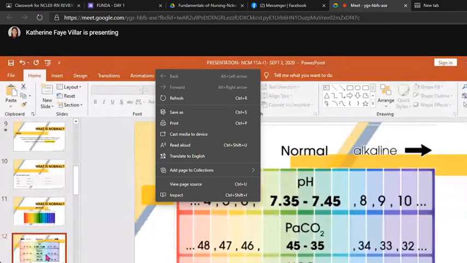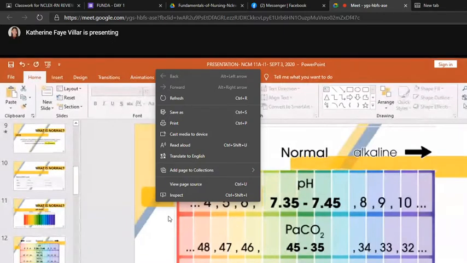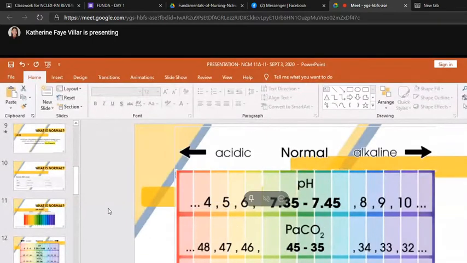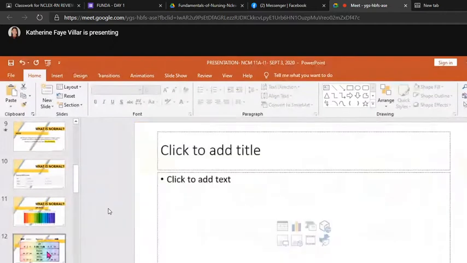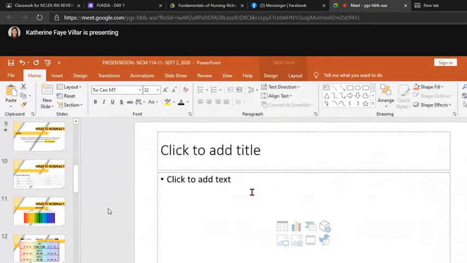I-post ko na lang din dito. Pero so far, okay na po dun sa first, no? Yung mga first steps, first few steps. Analyze the pH, carbon dioxide, and bicarbonate.